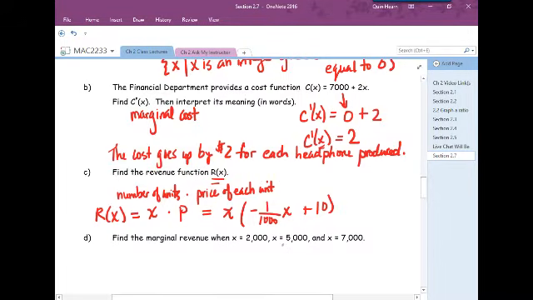So our revenue function could be written this way, or we could write it as negative 1/1000th of X squared plus 10X.